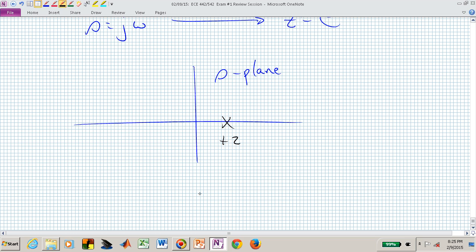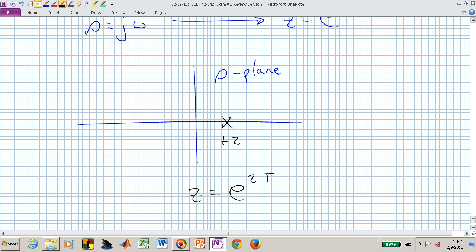Now we have z is equal to e to the 2T. What's e to the 2T? No matter what capital T is, what is e to the 2T? Say T is 0.1. This is something bigger than 1 in magnitude, isn't it? It's outside the unit circle.